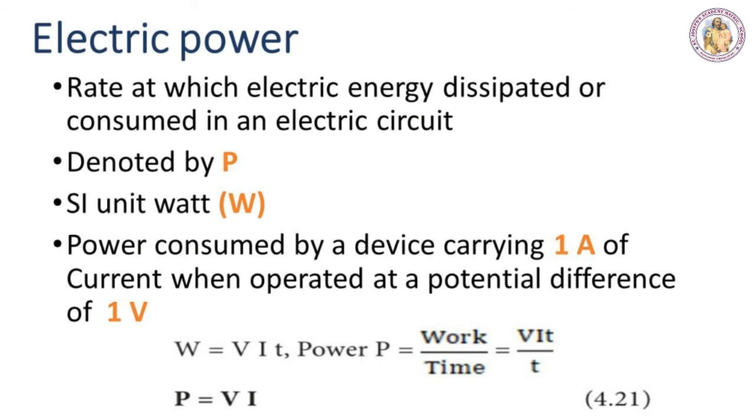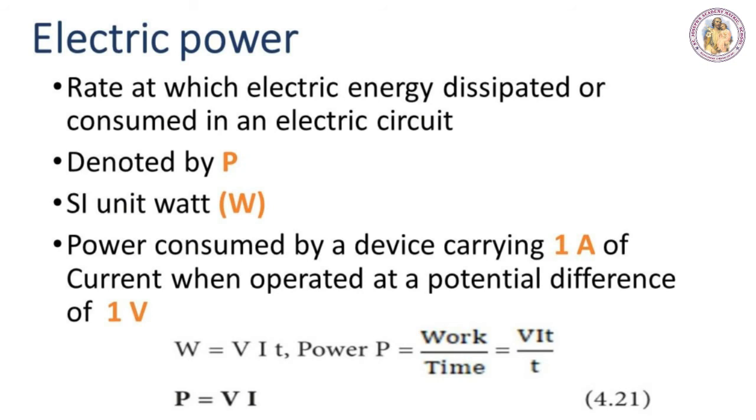Power consumed by a device carrying 1 ampere of current when operated at a potential difference of 1 volt. The work done to move the charge across the ends of a conductor is given below. W is equal to VIT, where W is the work done, V is the potential difference, I is the current carried by the conductor, and T is the time.